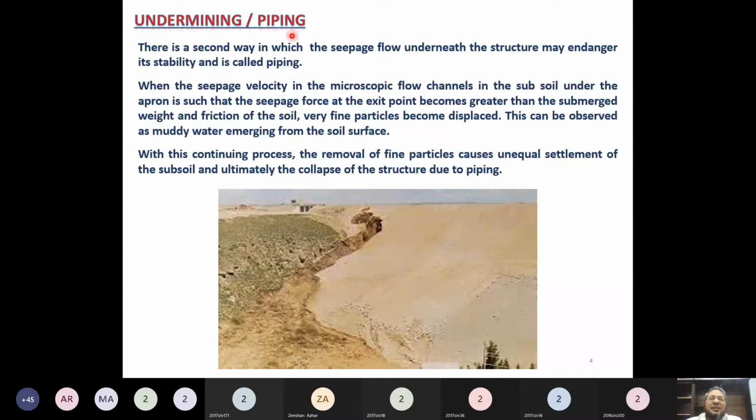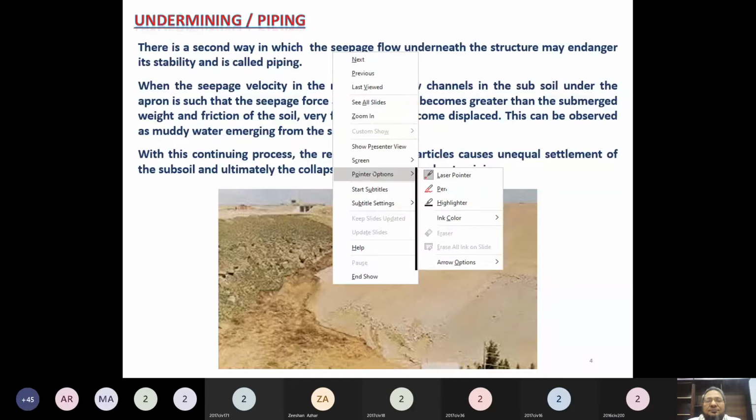And this is a second way by which it can endanger the stability of a barrage, because we allow the subsurface flow of water. So when the seepage velocity in microscopic flow channels in the subsoil under the apron is such that the seepage force at the exit point becomes greater than the submerged weight and friction of soil, there are two things.